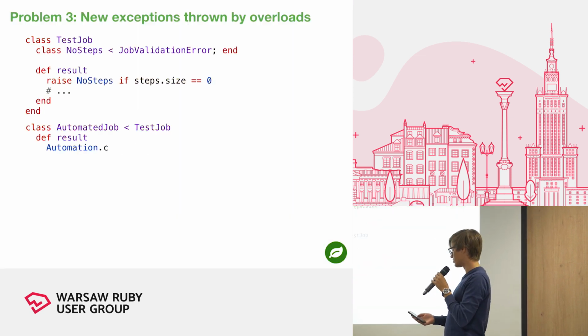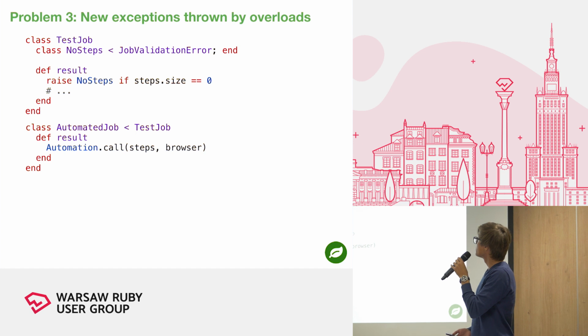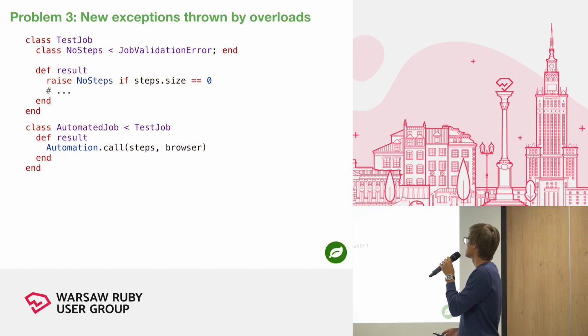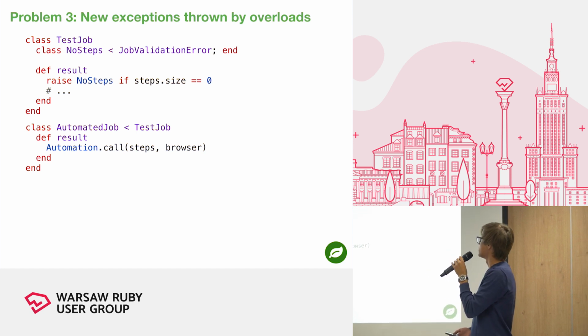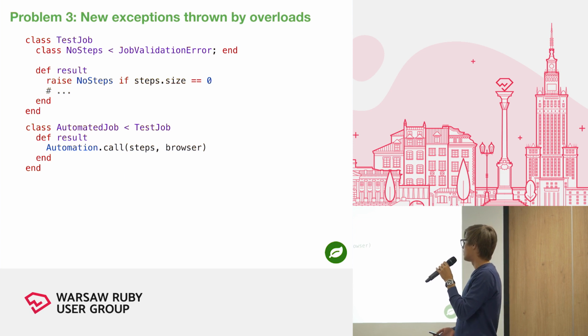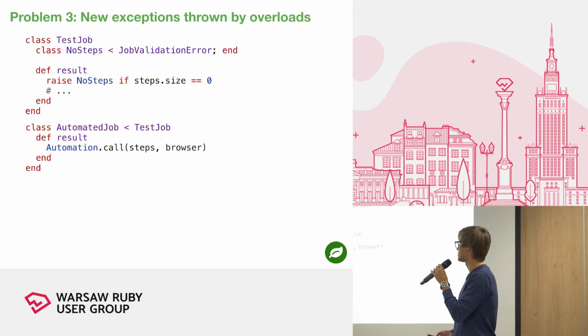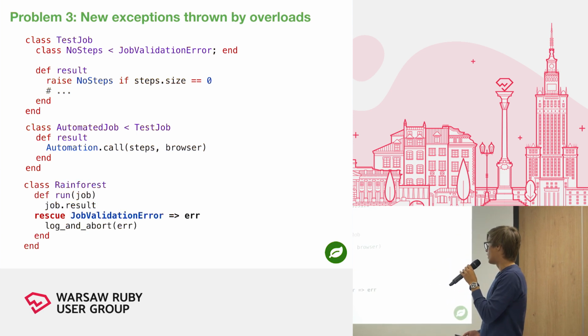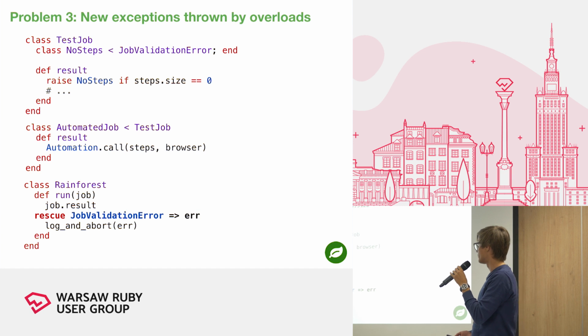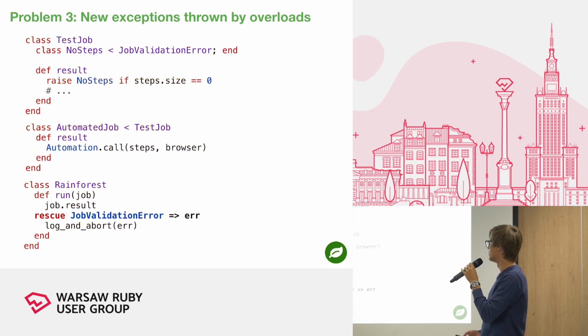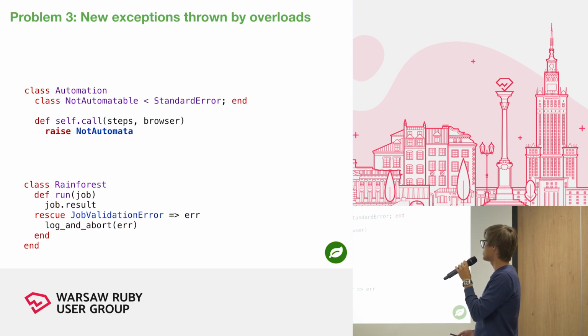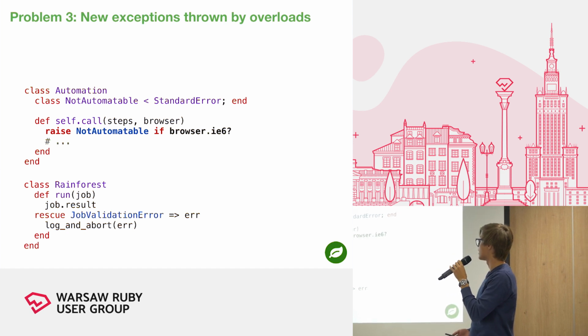The last example I'm going to show today is about exceptions. So, same scenario. This time we have a validation error in the test job, but the automated job calls out to some automation class module. The runtime is rescuing the validation error, but what happens in the automation? It raises another one, which is not a subclass of any of the errors in the base class.